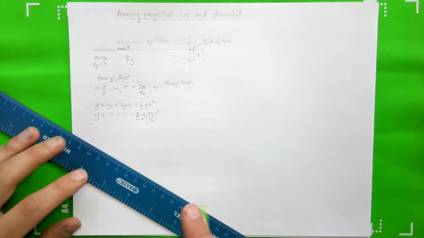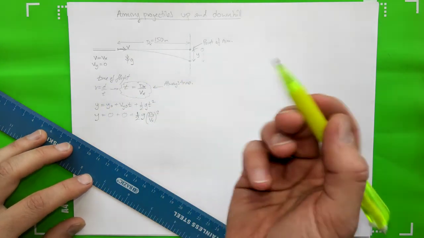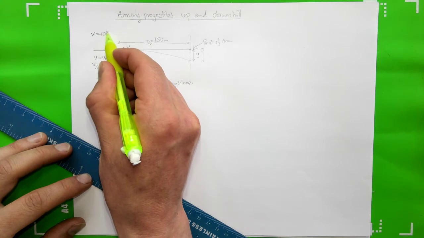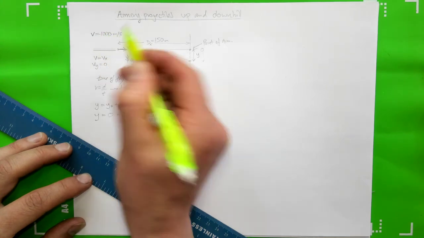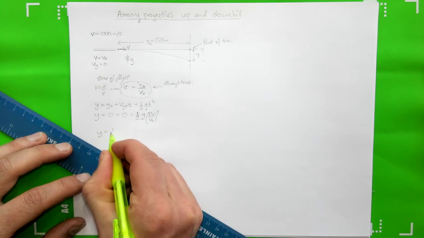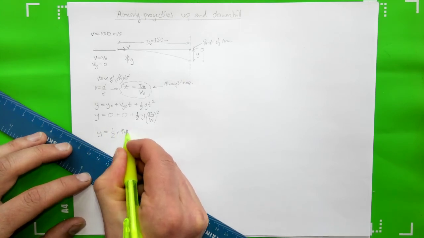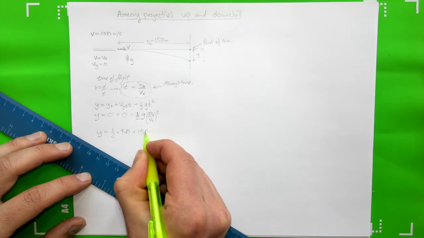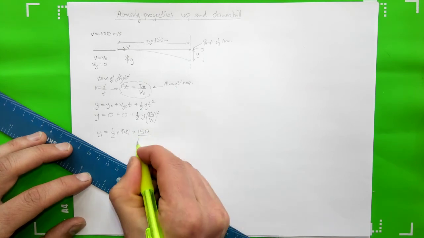Okay. Let's imagine that we actually had a known velocity for this projectile or this gun. Let's say that it was 1,000 meters per second. Then we can find that y in this case is 1/2 times 9.81 times dx, which is 150 meters, divided by 1,000.